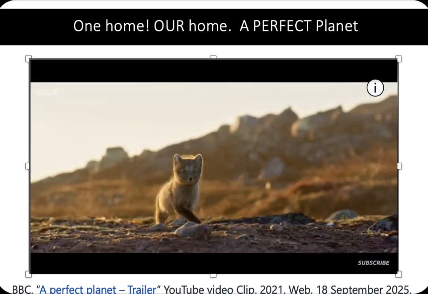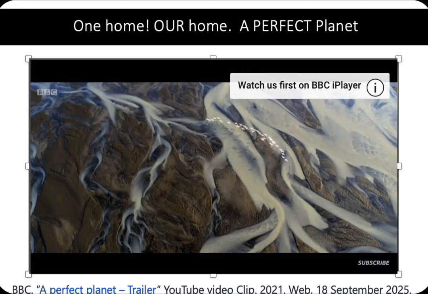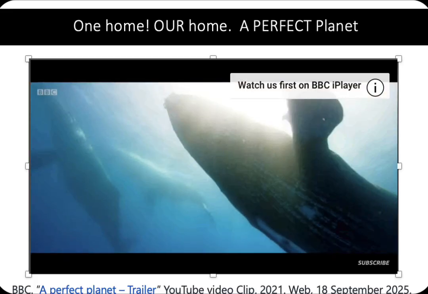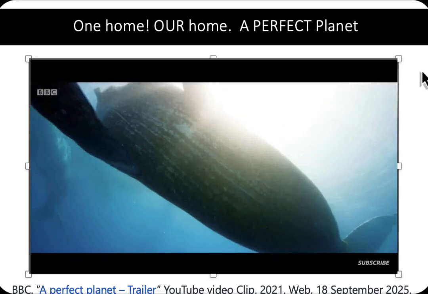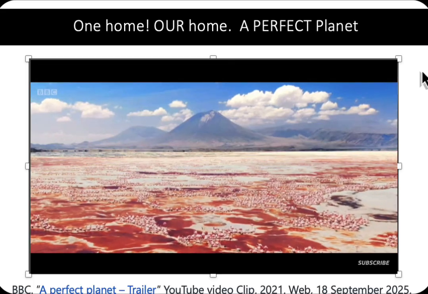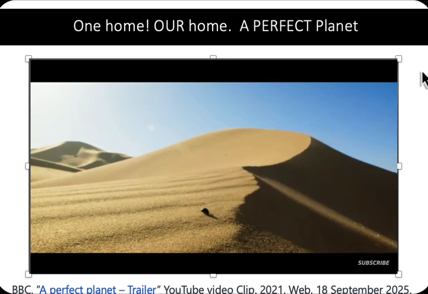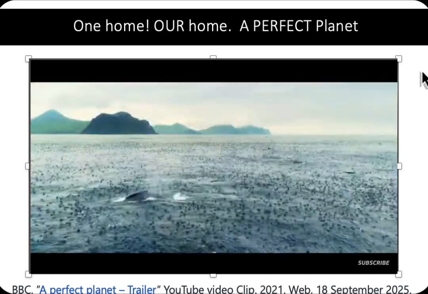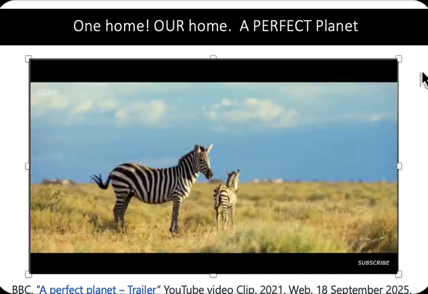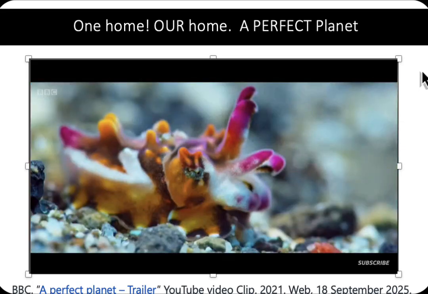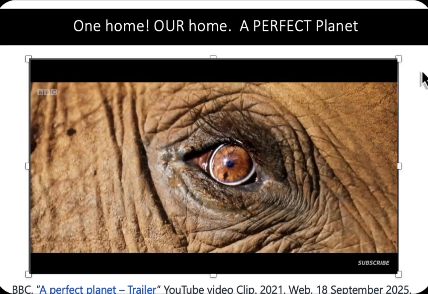You are so beautiful. They say perfection doesn't exist. But that's not quite true. Can't you see? There is one planet where every element has fallen into place perfectly. Planet Earth. Can't you see?